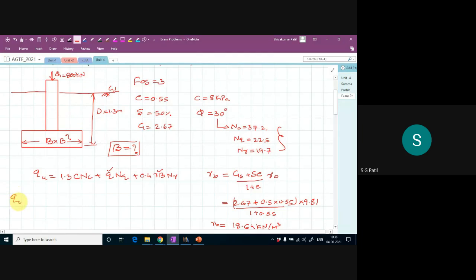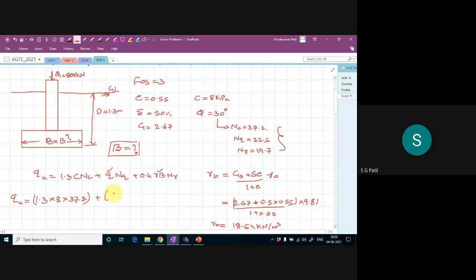So q ultimate equal to 1.3. What is cohesion? Cohesion is 8 kilopascal into your Nc. Nc is 37.2. This is my first term. Then what is the second term? q, and Nq. q is nothing but your depth of the footing multiplied by the unit weight.